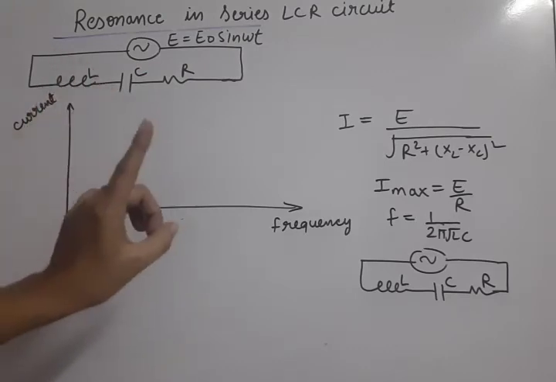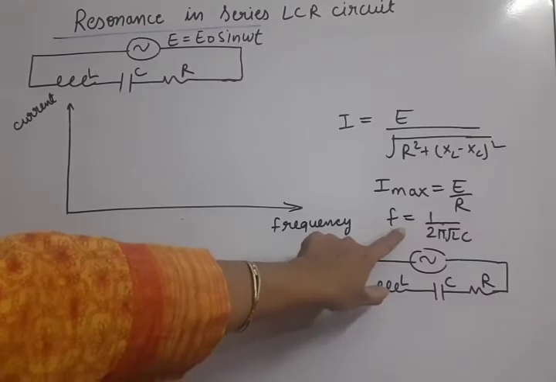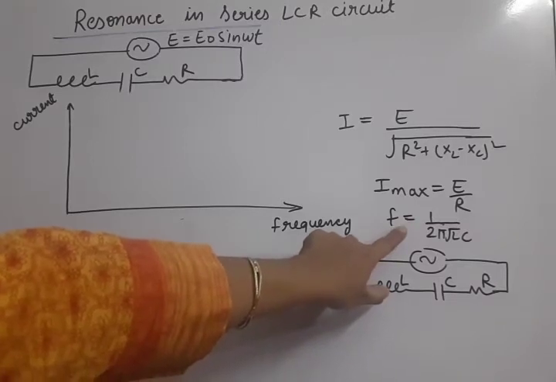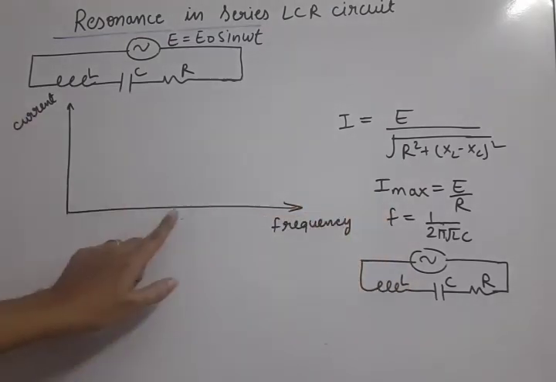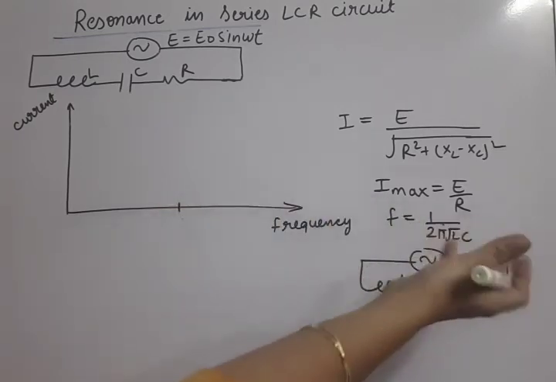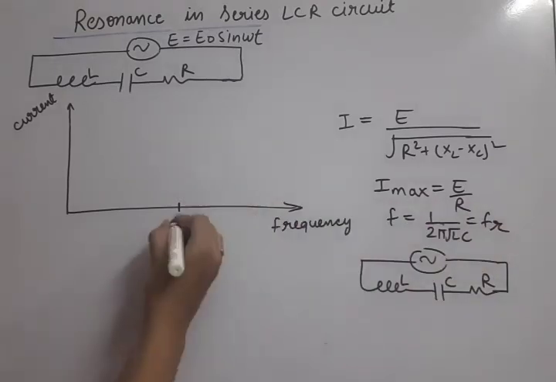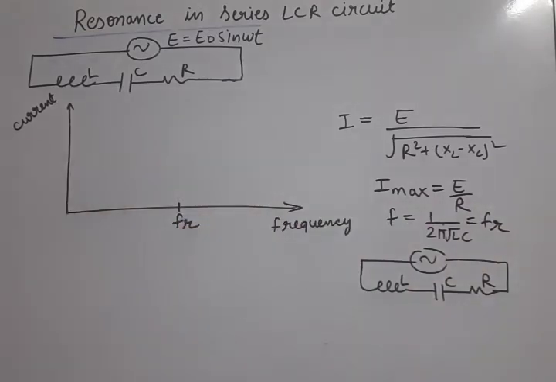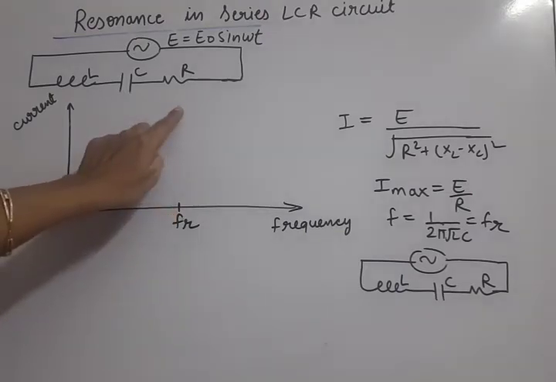We know that at one particular frequency, the resonating frequency, the current becomes maximum. Suppose f equal to 1 upon 2 pi root LC, if we solve it, we call it the resonating frequency, Fr. At this Fr the current comes maximum.